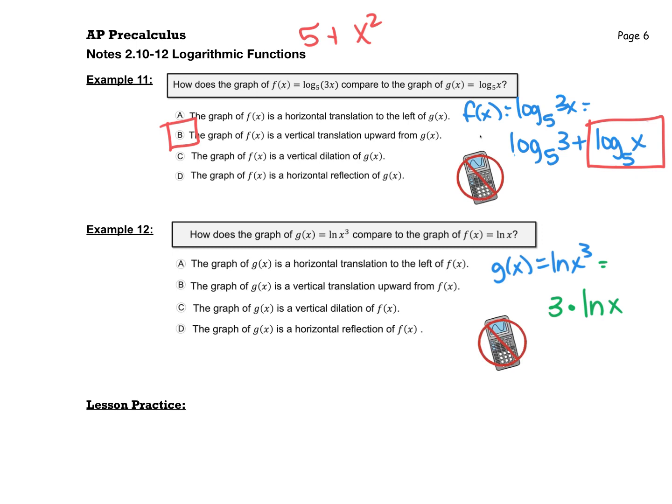What kind of transformation is it when I multiply a constant with a function? How does it change it? It's a dilation. Vertical or horizontal? Vertical. It's a vertical dilation. It's horizontal when it's inside next to x. So if it touches x, it's horizontal. If it doesn't, it's vertical. That's how I would expect to see those kinds of questions.